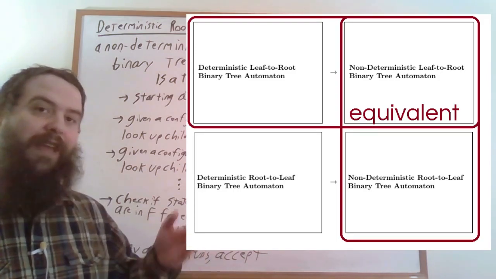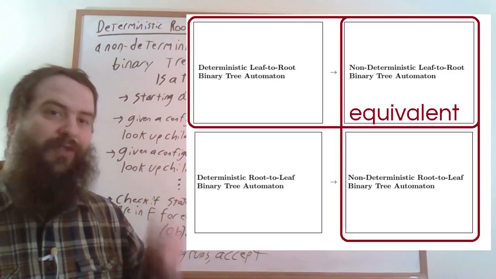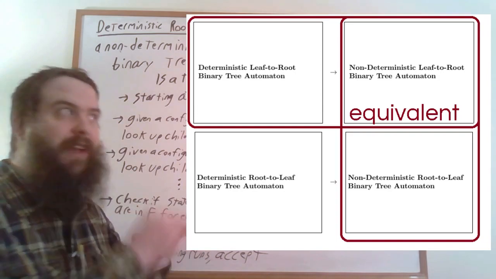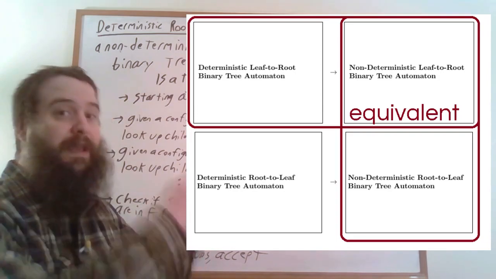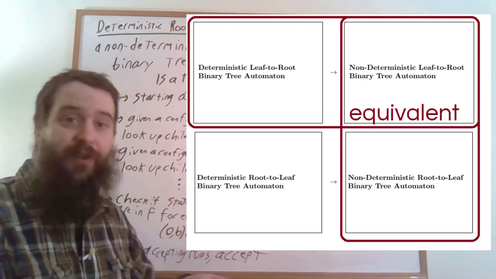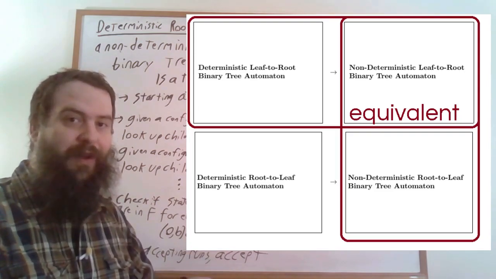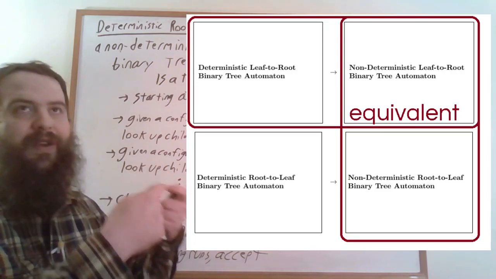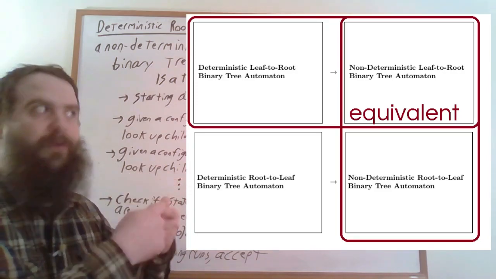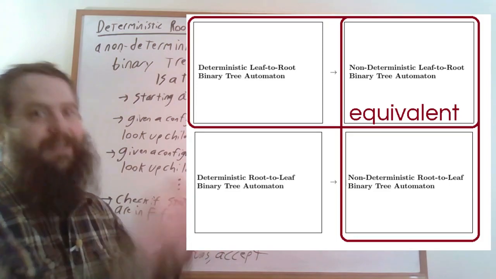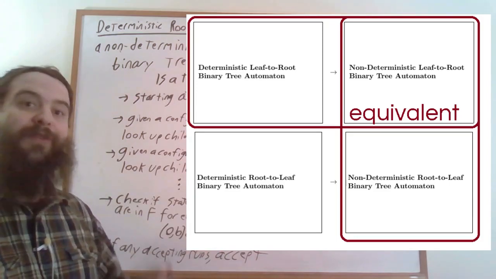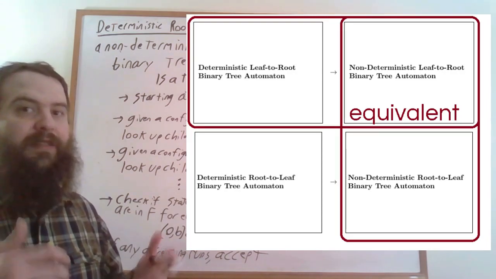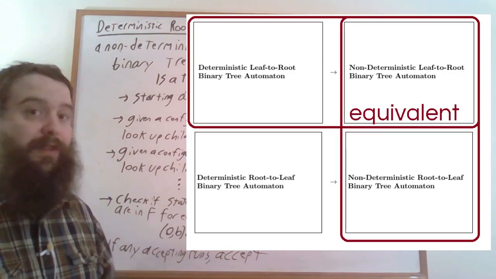We just have a deterministic leaf-to-root tree automaton that keeps track of, at each node, the set of possible states we could be in in a run of the non-deterministic tree automaton, and then checks to see if the root node winds up getting associated to some set that contains an accept state. So deterministic and non-deterministic finite state leaf-to-root tree automata are equivalent to each other.